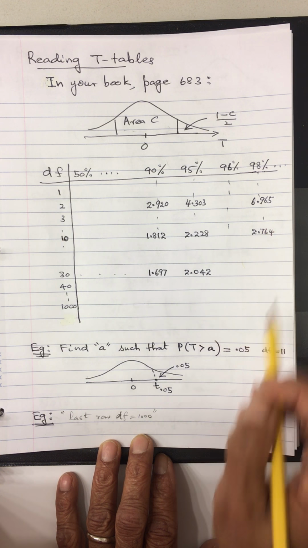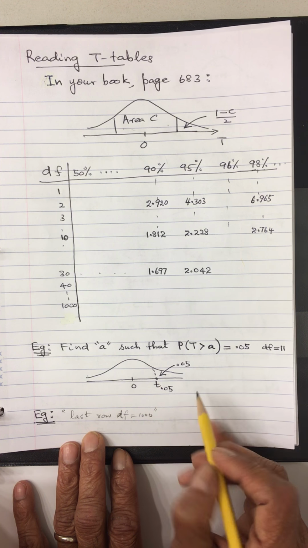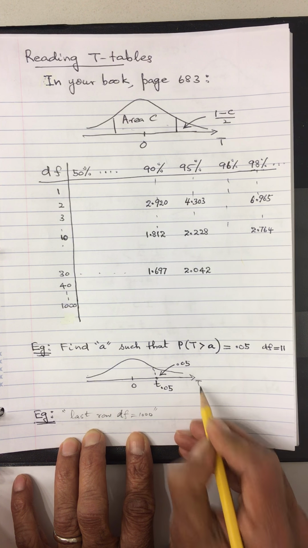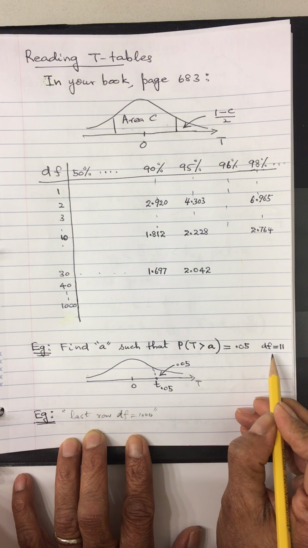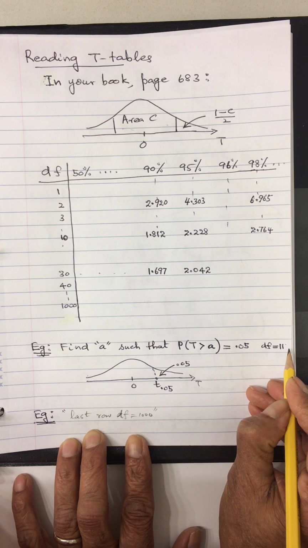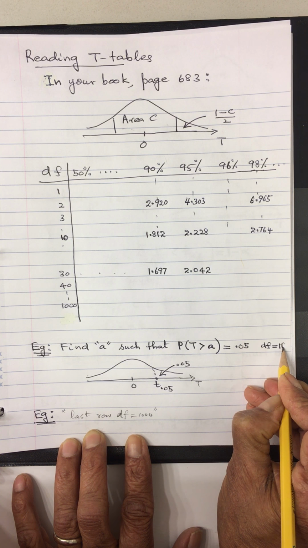Anyway, suppose you are looking at the t table value. This is the t distribution. Suppose the degrees of freedom is 10.